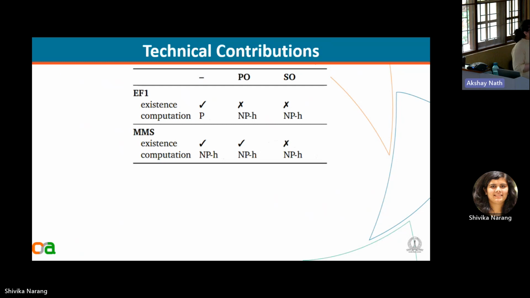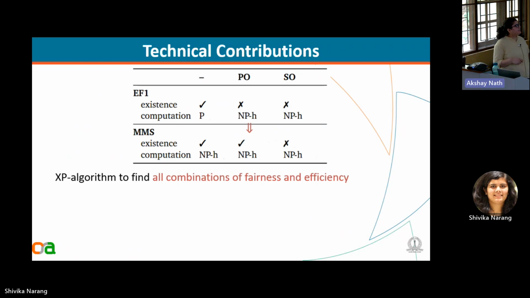We also give an interesting implication, which is that anything that is EF1 and PO, whenever it exists, must also be MMS. And this is interesting not only because this is something that was not known before, but also it helps us give an exponential time algorithm, which helps us find all of these combinations of fairness and efficiency.